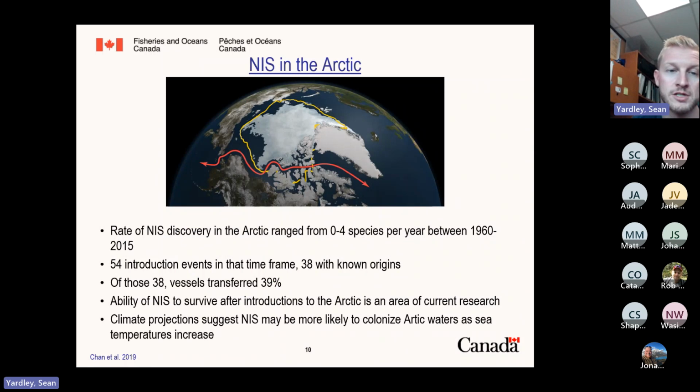So this slide here, I've just added some of what we currently know about NIS in the Arctic. The rate of discovery of NIS in the Arctic ranged from 0 to 4 species per year between 1960 and 2015. Within that time frame, we saw 54 introduction events, but only 38 of them had known origins.